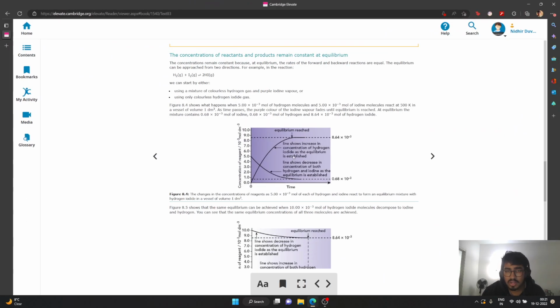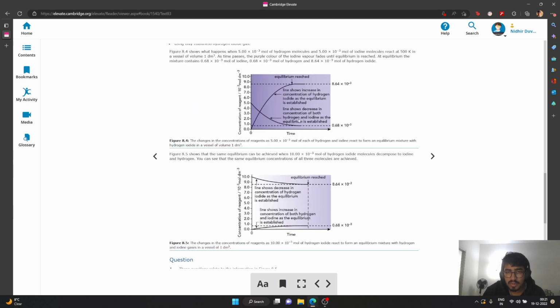These are not in terms of rates, but in terms of concentrations. We see that there is one reactant that breaks down, and another concentration that increases, and then both of them settle to a value. So this is maybe the concentration of H2 and I2, and this is the concentration of HI.